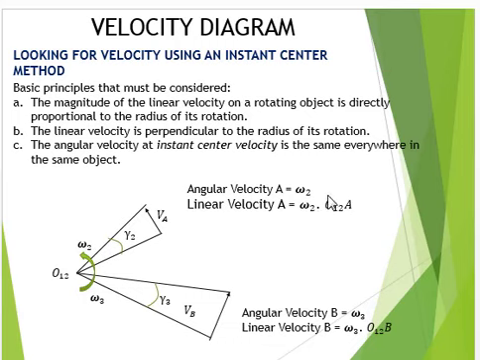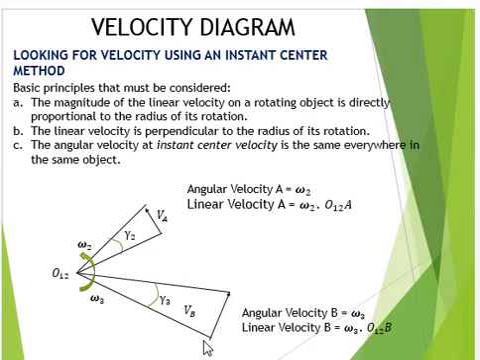So for linear velocity we can conclude it is equal to omega 2 multiplied by the radius from point O1,2 to A. This is the radius.